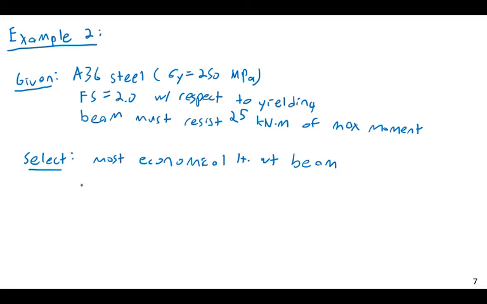So let's say my choices are, I was given 3 or 4 choices. Maybe this is all we have in our catalog, or all the manufacturer has in inventory, so I have to choose one of these. I'm trying to make the process a little bit simpler. SX here is in units of 10 to the 3rd millimeters cubed.